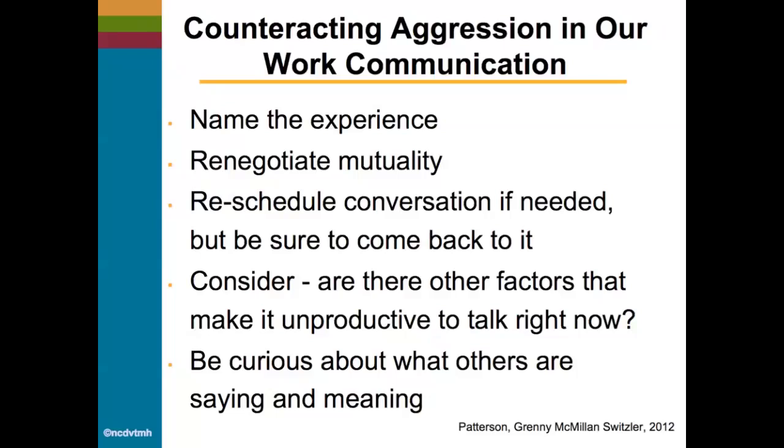Let's reschedule, but also let's talk about when we're coming back to it. And if we're going to come back to it, let's make sure we're identifying what's making this unproductive to talk about right now, but also what needs to happen so that when we come back, we can come back in a different place or from a different perspective.